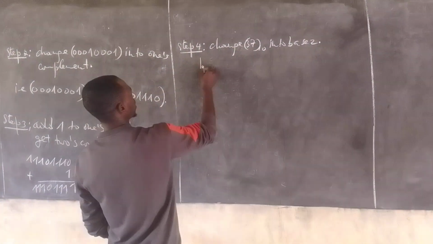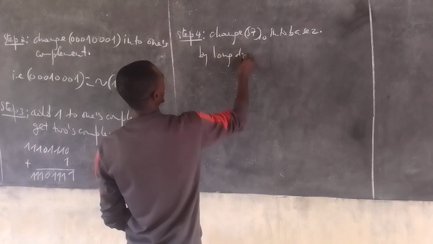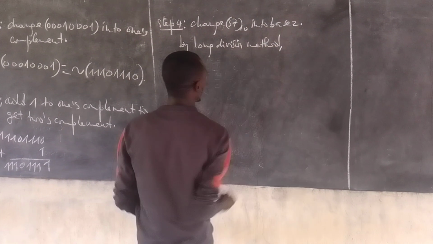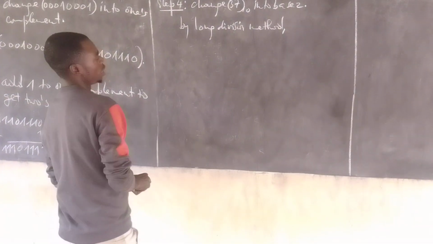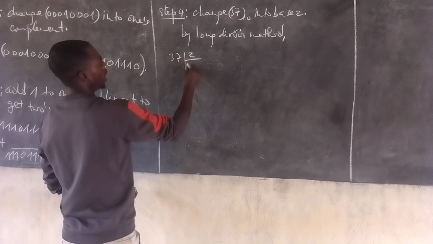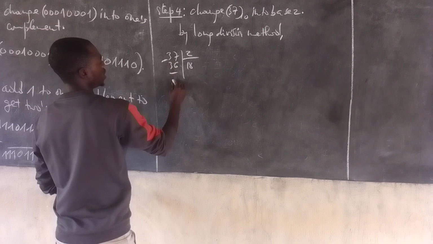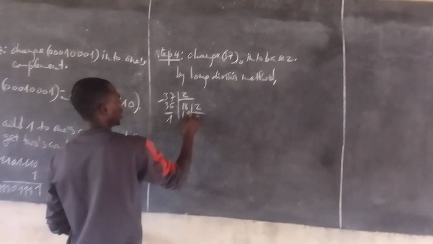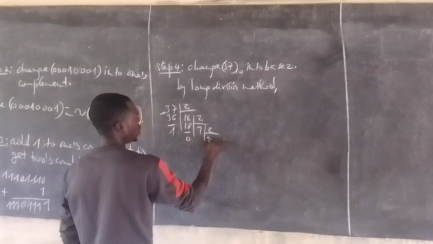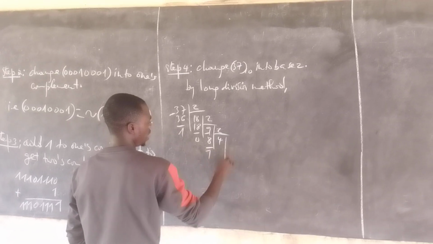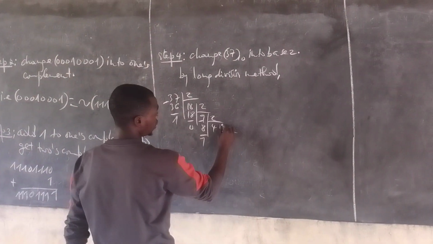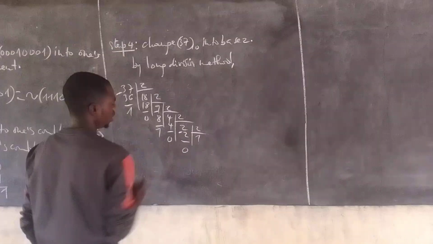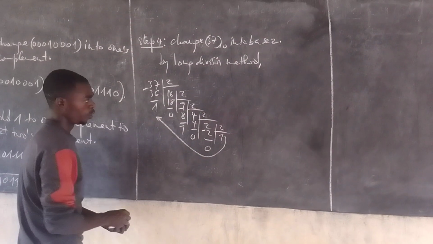We can apply the long division method. You take 37 divided by 2, that is 18 remainder 1, then 18 divided by 2 is 9 remainder 0, then 9 divided by 2 is 4 remainder 1, then 4 divided by 2 is 2 remainder 0, then 2 divided by 2 is 1 remainder 0, then 1 divided by 2 is 0 remainder 1. So we write the answer from the bottom.